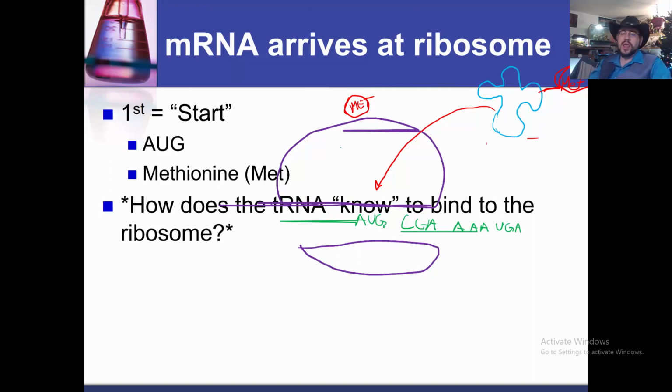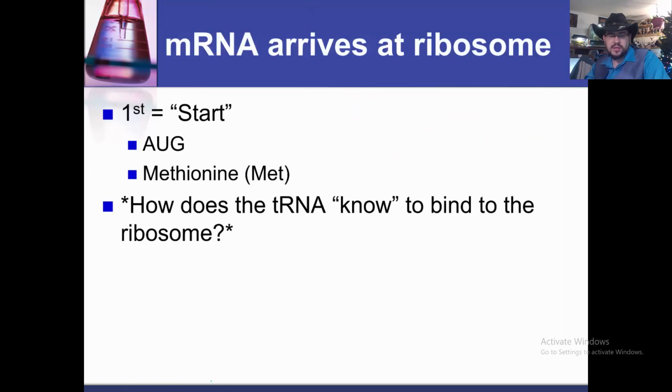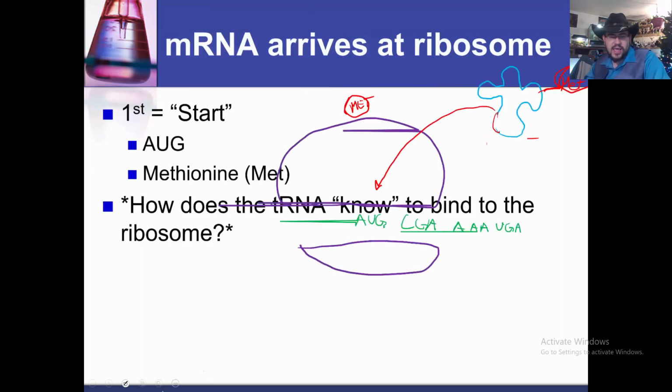So how does tRNA know to bind to the ribosome and to the mRNA? Well, mRNA has codons. Wouldn't it be really convenient if tRNA had something that could be complementary to an mRNA codon? Oh, maybe an anticodon? Yes, tRNA has anticodons.